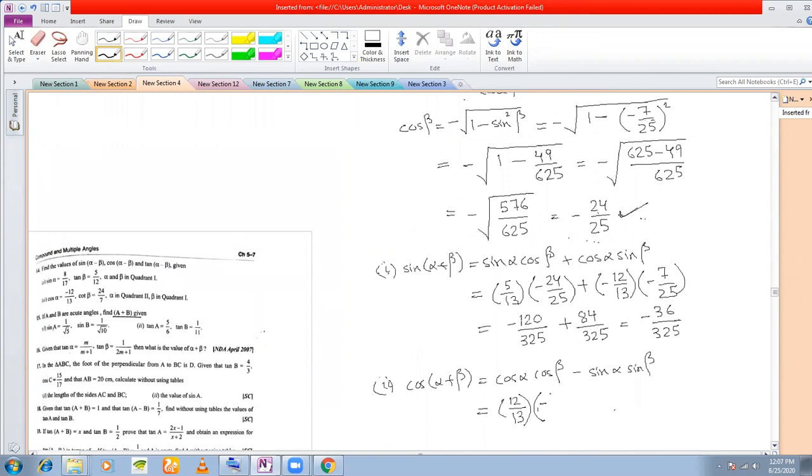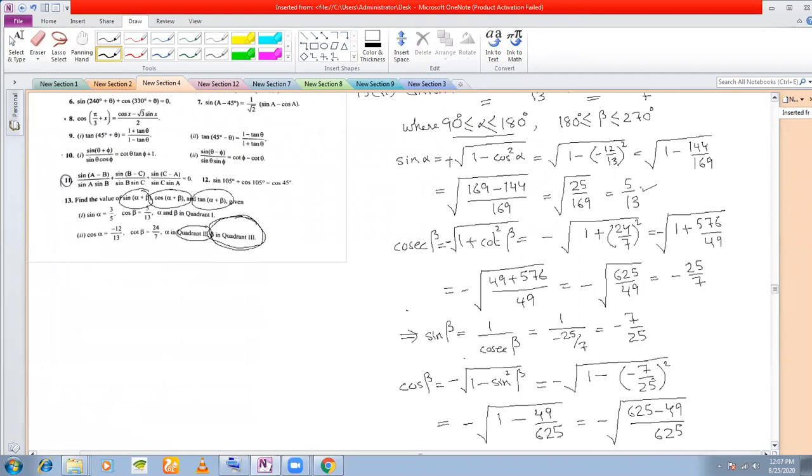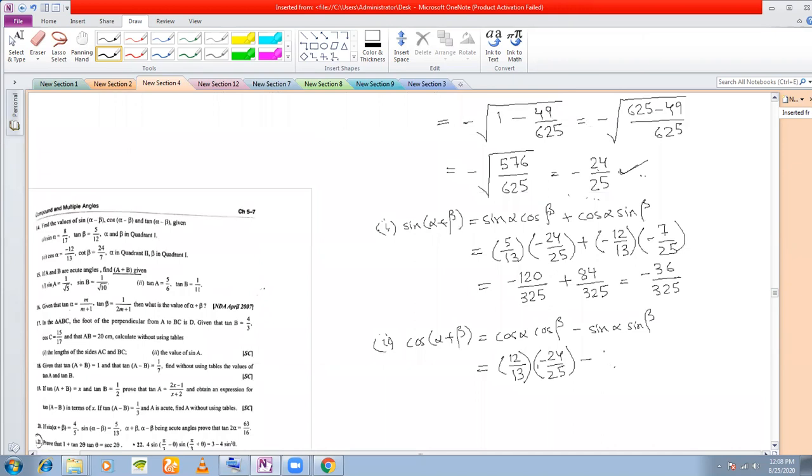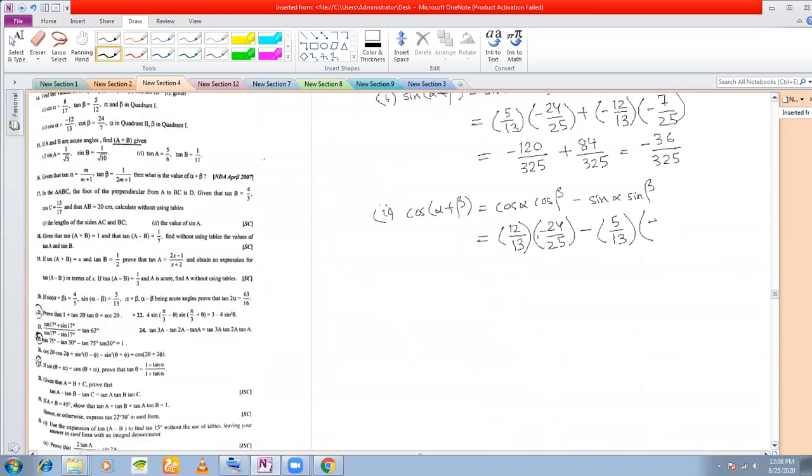So this is minus 24 by 25 minus sin alpha. Sin alpha is 5 by 13. Put the value 5 by 13. And sin beta we have calculated minus 7 by 25. Put the value minus 7 by 25.